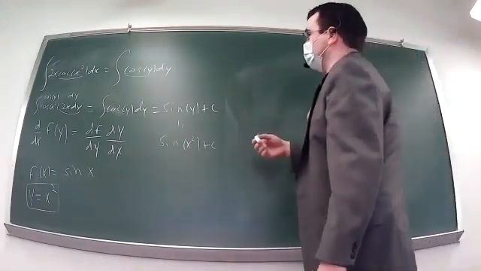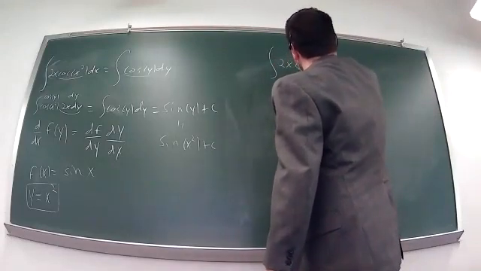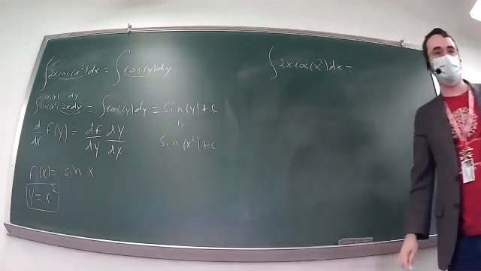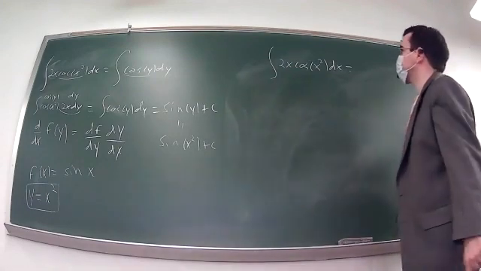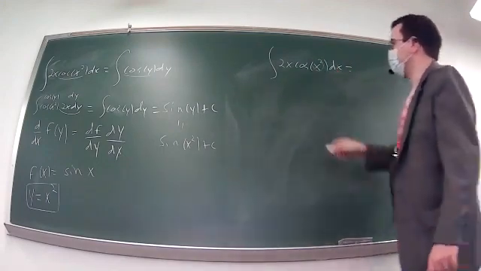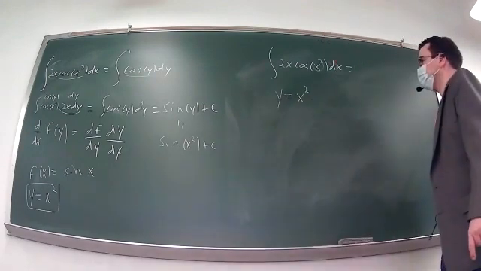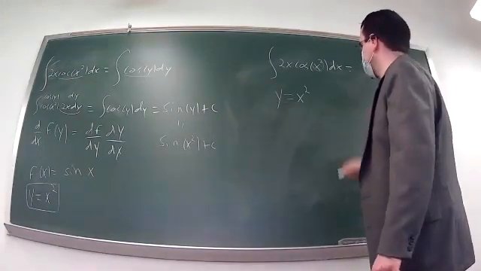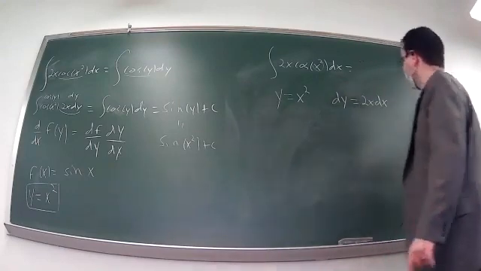I'll do it again from the beginning. If you're given a problem like this, 2x cosine x squared dx, and you want to integrate this, you might try making a substitution. You're saying, well, I'm seeing that x squared, so what if I make the substitution that y is equal to x squared? And therefore dy dx is 2x, or in other words, dy equals 2x dx.